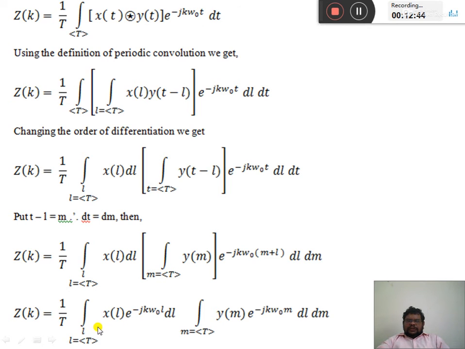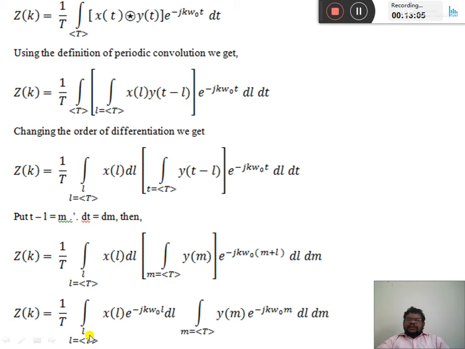See, this is nothing but an analysis equation, but instead of k, here we got it in terms of L, and instead of t, we are getting it in terms of m.